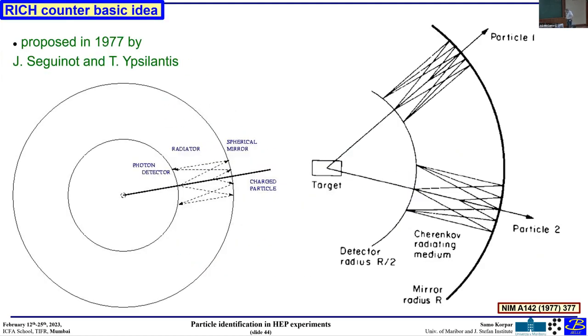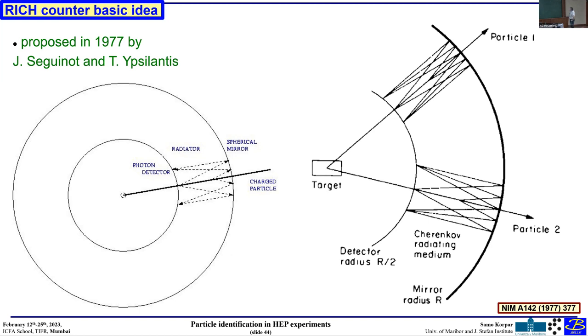Now, more commonly used nowadays are imaging detectors, ring imaging Cherenkov detectors, shortly RICH counters, and the basic idea was proposed by Seguinot and Ypsilantis. Imagine that you have a 4-pi detector, so you want to cover everything, and you use a gaseous radiator, so you need to focus light, otherwise you get a disk of light on your detector.